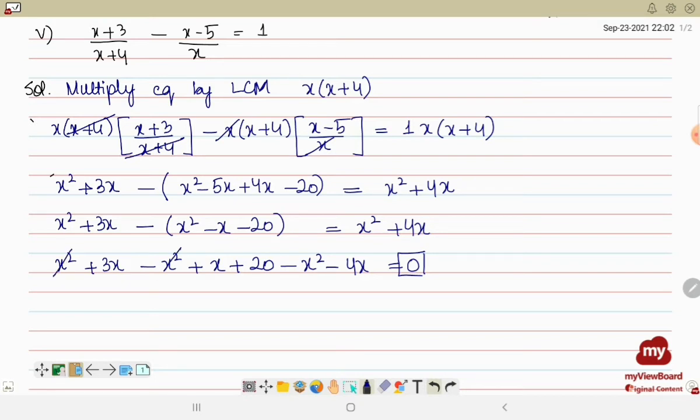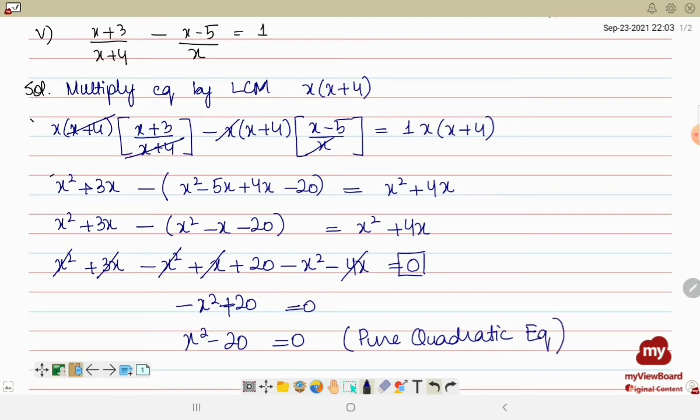X square will get cancelled by minus x square, plus 3x plus x becomes plus 4x, it will cancel by minus 4x, and we are left with minus x square minus 20 equals 0, right? So let's say minus x square minus 20 equals 0. Let's take minus 1 common, so you're left with x square plus 20 equals 0. So if you see the equation, this is a quadratic equation in pure form, so this is a pure quadratic equation.